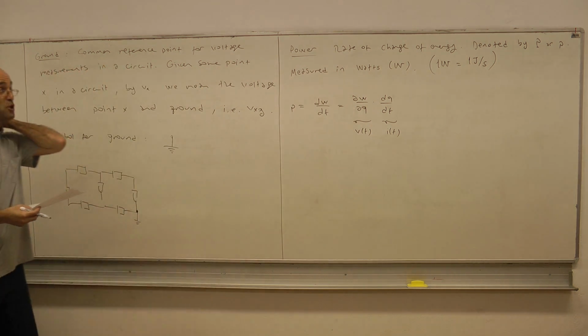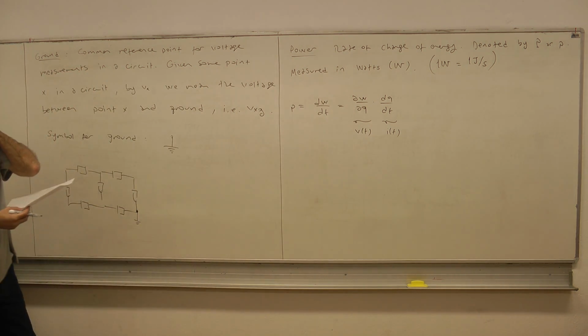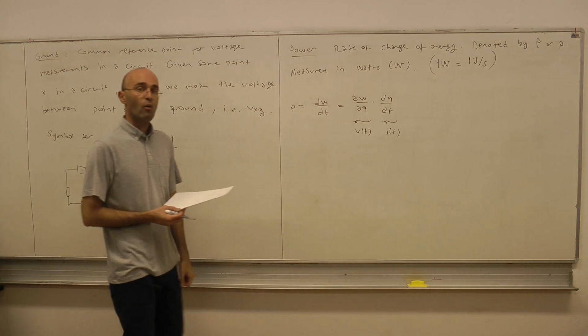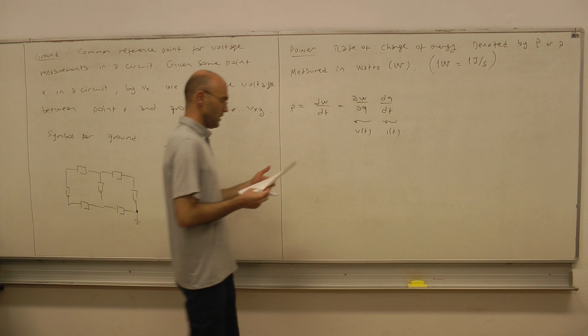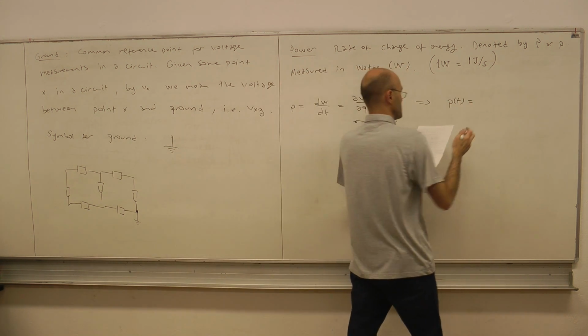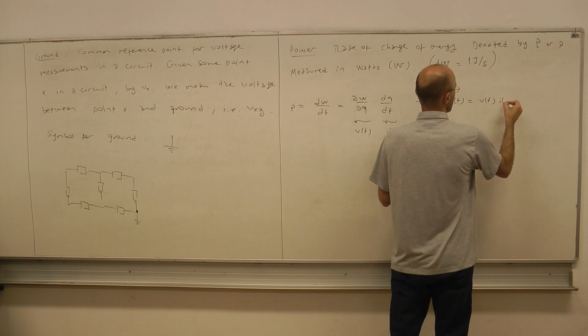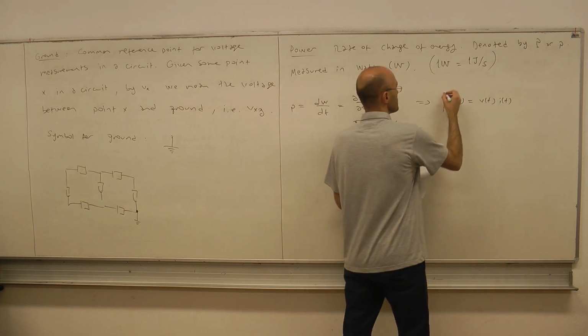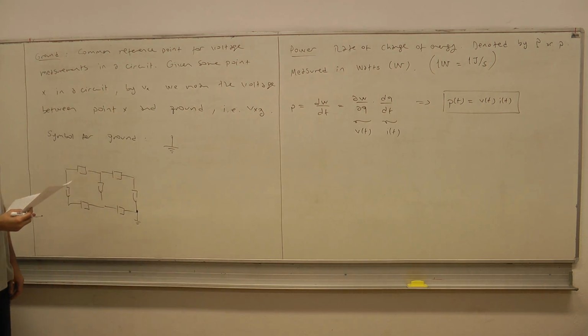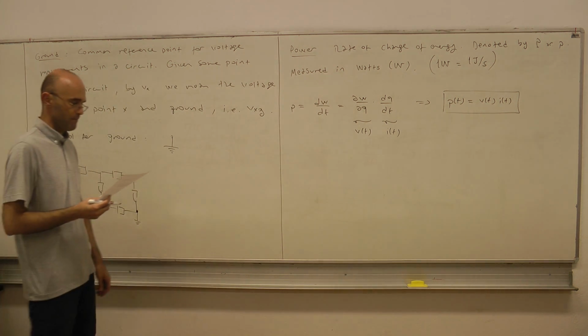Therefore, we can express the power of an electrical component simply in terms of its voltage and current. So we have this very nice relation between power, current and voltage: P equals IV, or VI.